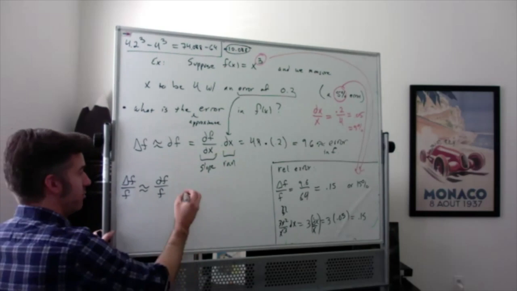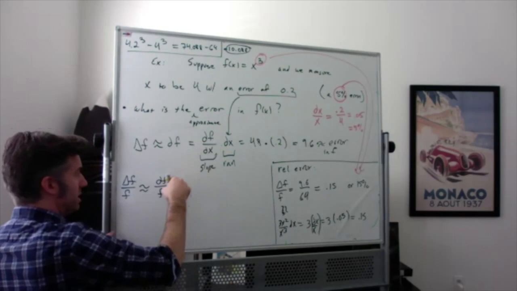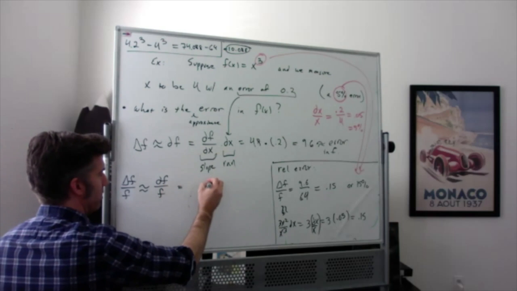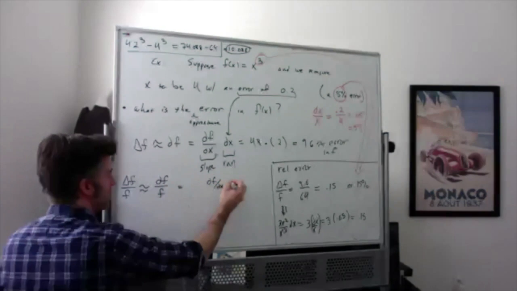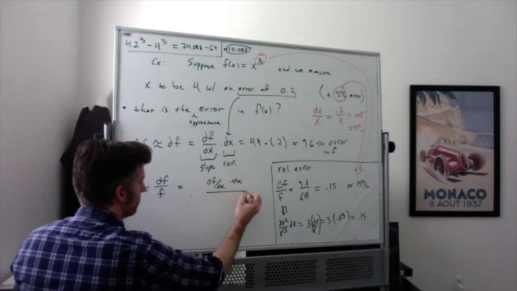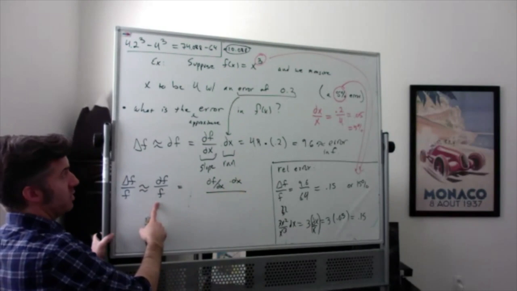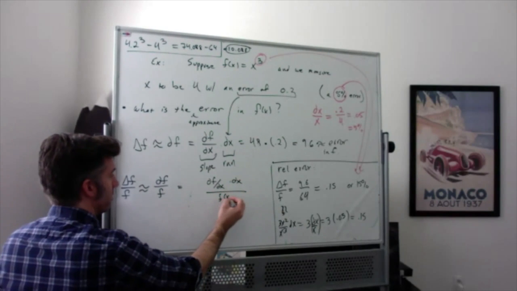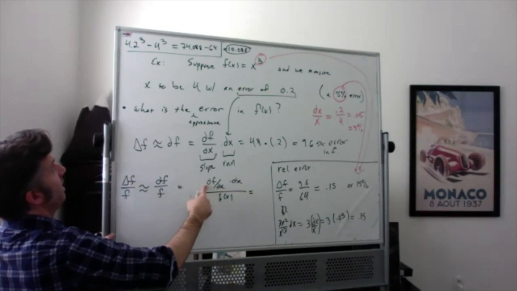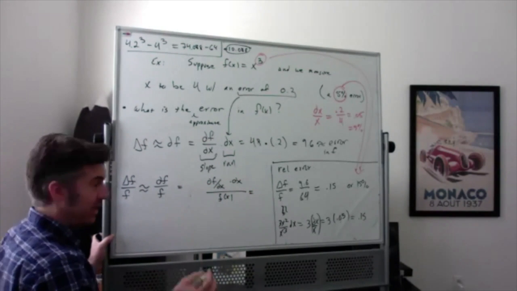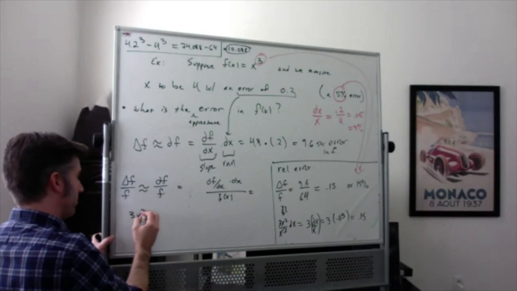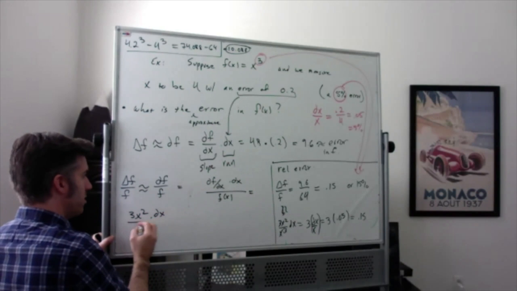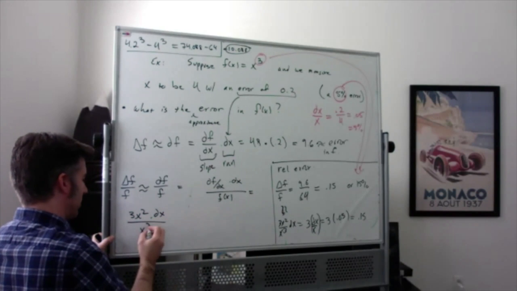Pay attention. So df is df dx times dx, and f is just the function f of x. So df dx, that's my derivative, that's 3x squared times dx. And my function f of x is x cubed.